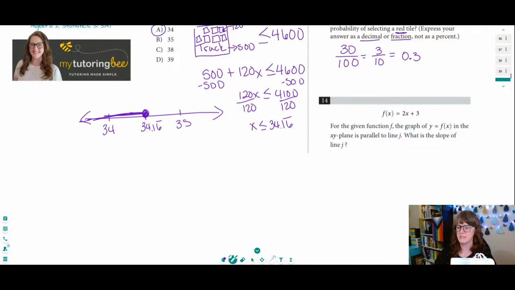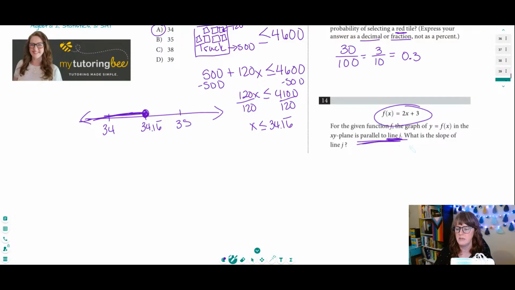So basically what we're saying is that this is one equation that could be graphed on a coordinate grid, and then there's another line that it's parallel to, line J. So this function is parallel to line J.